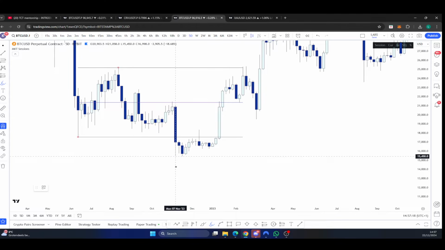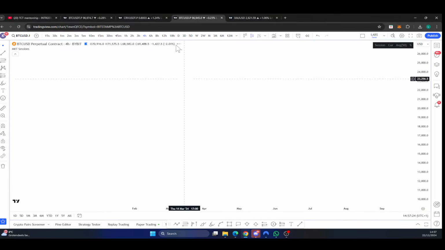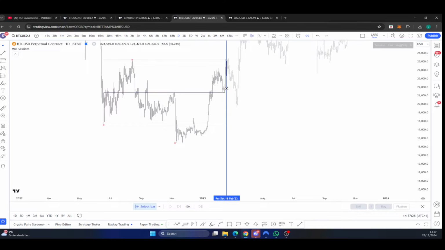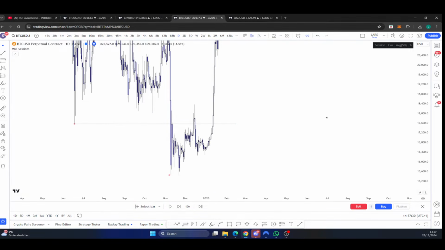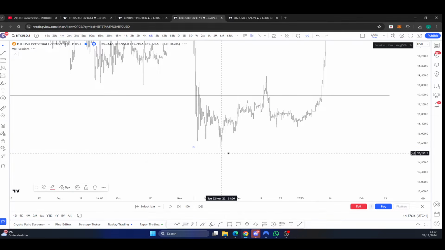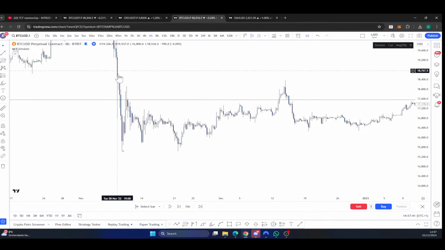Because right here, you can see that we came down aggressively and we closed below. And what followed from there was a manipulation range. Let me go back in time right here. Just like that. What followed from that breakout was a range formation right here where price came down, came back up.